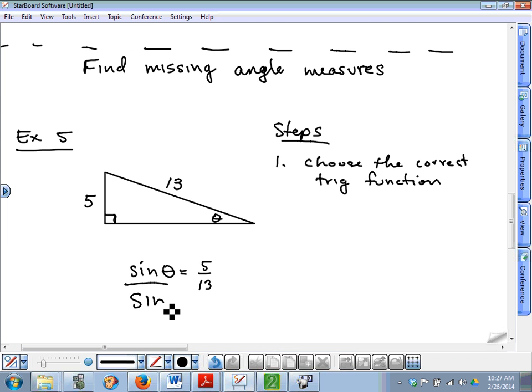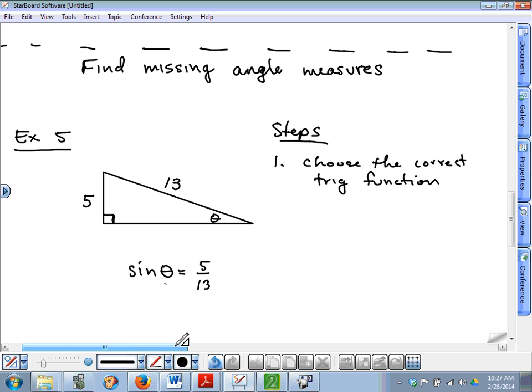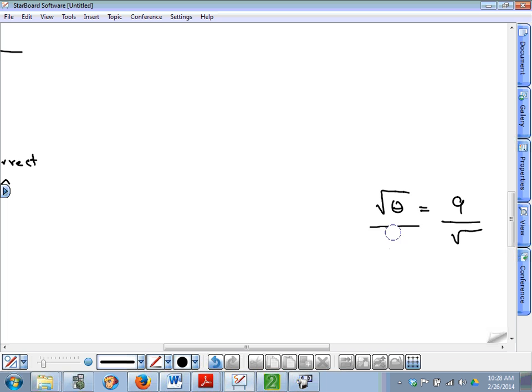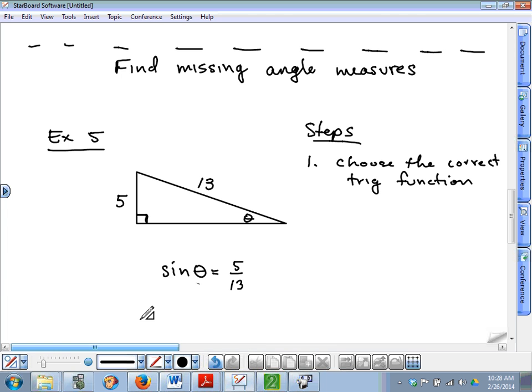You can't just divide by the sine of nothing to get rid of sine. Okay? We have to figure out what the opposite of sine is. Just like here, the opposite of square rooting was squaring. What's the opposite of sine? If you have a calculator out, look right above the sine button.